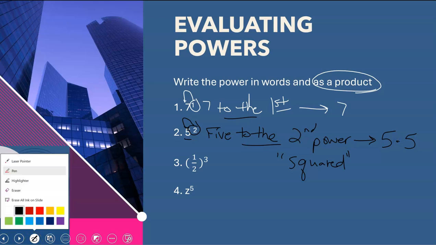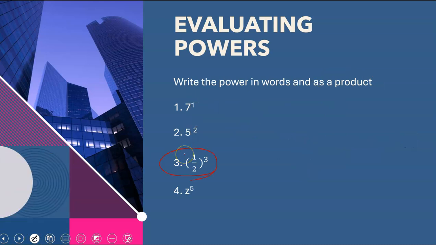Keep it going here. The base, in this case, which remember is that bigger number that we see in a power, the base is 1/2. So we're just going to say half or 1/2, and then do that sentence stem to the third power.